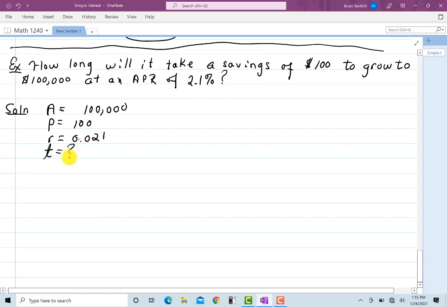Time, that's the thing we're trying to figure out. So let me go ahead and put in my formula and then my numbers. So I have A equals P times 1 plus RT. My A is 100,000. The P is 100. 1 plus R is 0.021 times t.